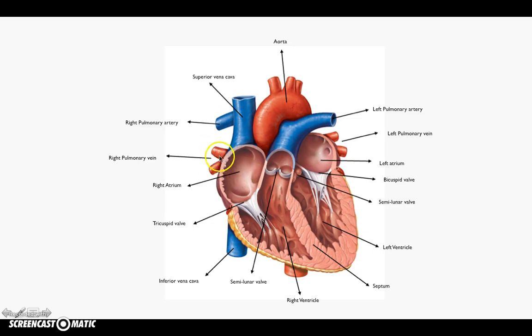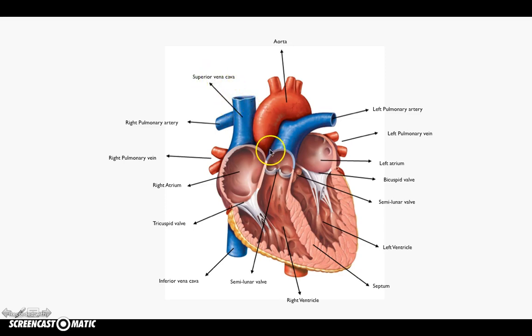Then you've got the right pulmonary vein, right pulmonary artery. There's the left. Then you've got the vena cava, this blue vessel here and here. And as you can see, you've got inferior vena cava, inferior below, superior vena cava, superior above.